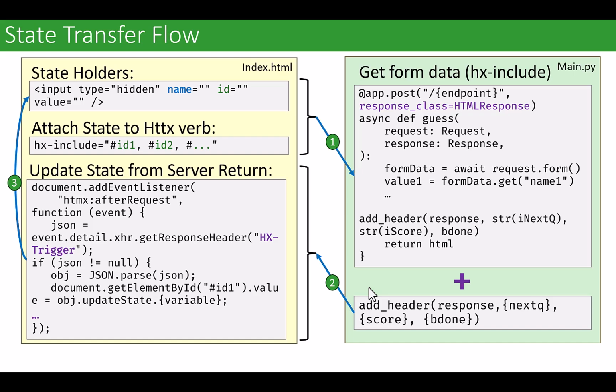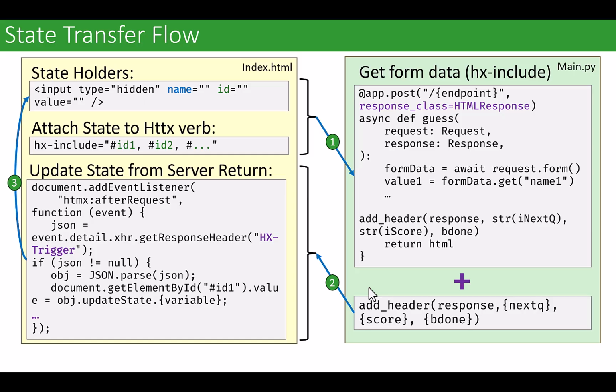Now, here's the gotcha. The gotcha is your input, when it's translated to a form post, that is to say, multipart form as the doc type, then you have to use the name attribute. Practically speaking, if you want to transfer state around, you have to make the name and ID attributes on your hidden input type both.